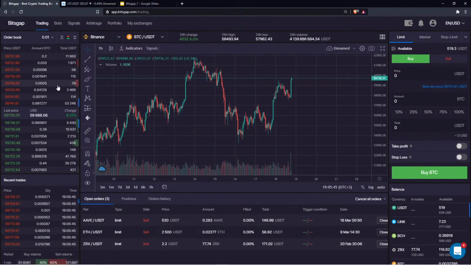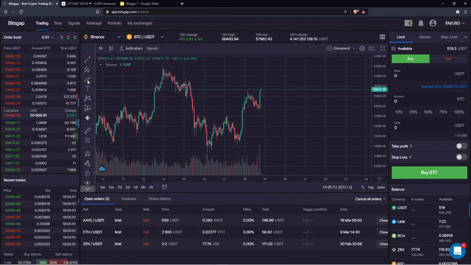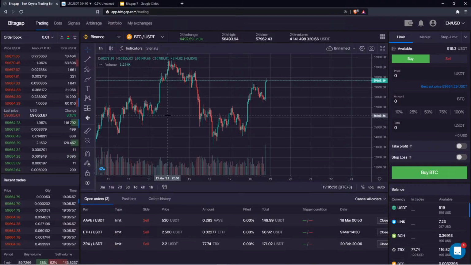So we made it look like this, so that on the left side you have the analytics layout, and you have the chart where you can conduct your technical and fundamental analysis. And we will cover the technical analysis today a bit.